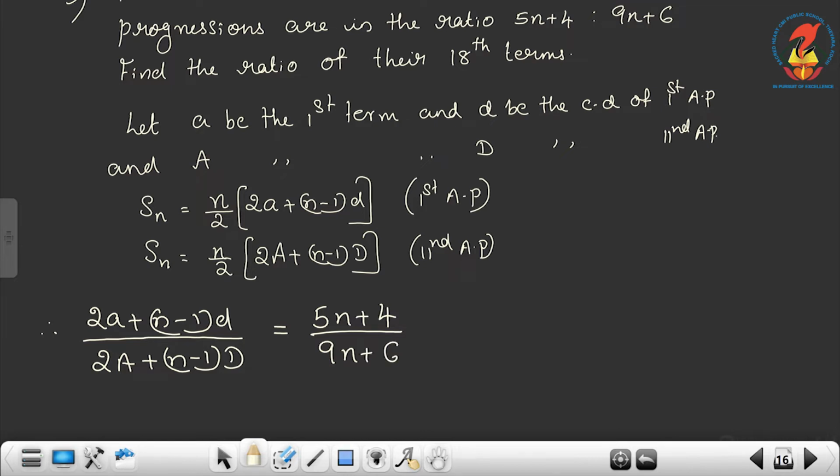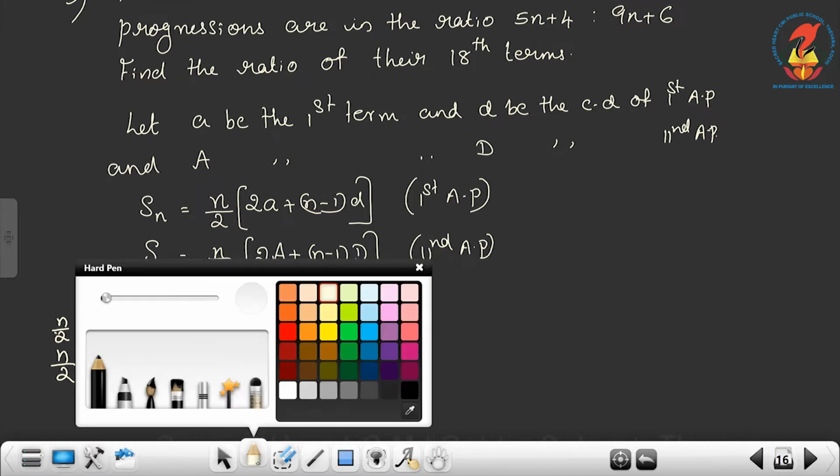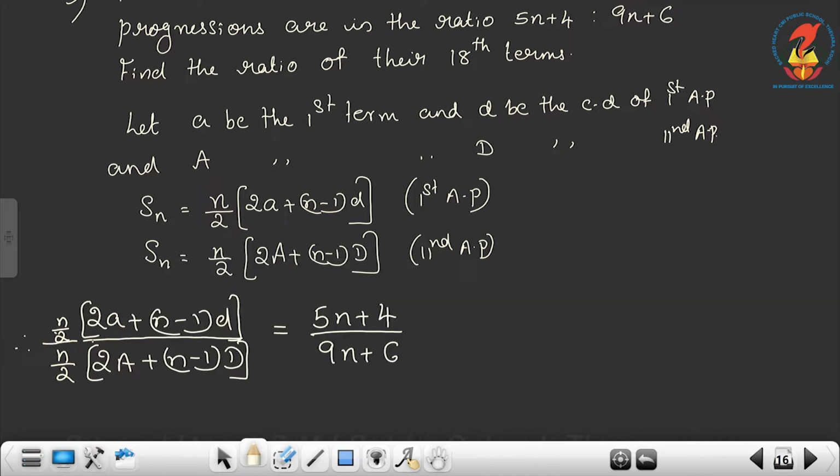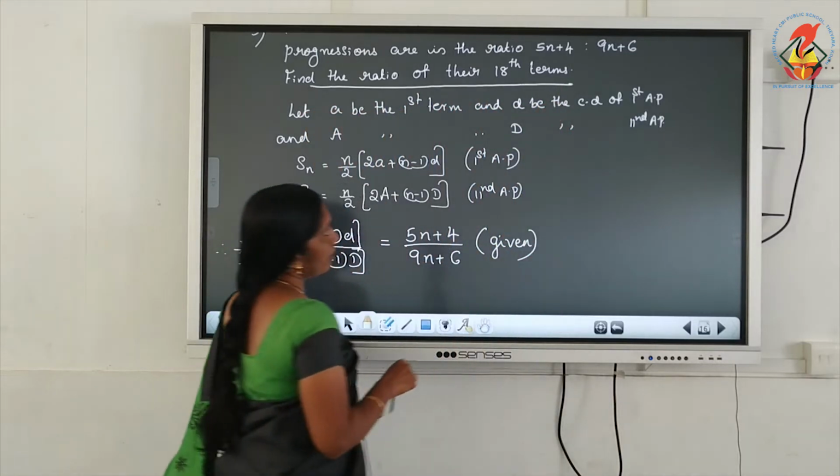Okay. n by 2 is also there, I didn't write n by 2. n by 2 we can cancel. So, this is given in the question. What we have to find? Find the ratio of their 18th terms.